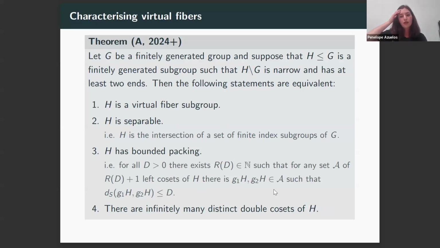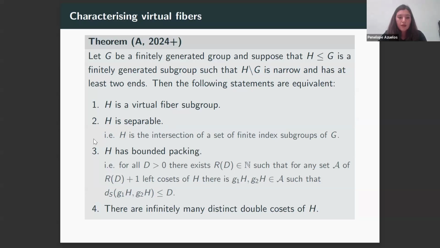Right, so a few remarks. First of all, these conditions are all stated in order of decreasing strength. So if you don't assume anything about this quotient, about whether or not it's narrow or how many ends it has, then you get just from the definition that virtual fiber subgroups are separable. It's fairly standard. And then 2 also implies 3.